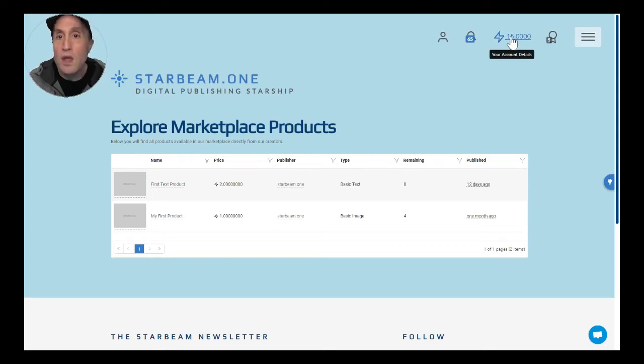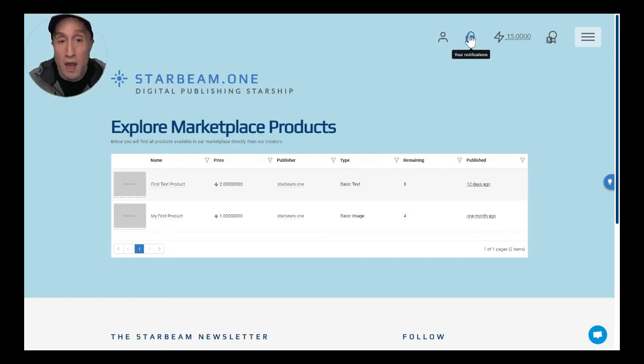I've mentioned, probably, in a couple of takes that haven't completely worked out: make sure that every icon in starbeam.one has a mouse over. If it doesn't have a mouse over, please let me know, because that is a bug.